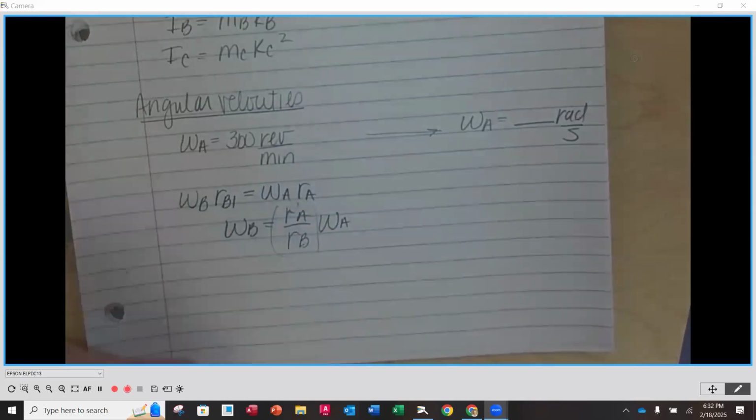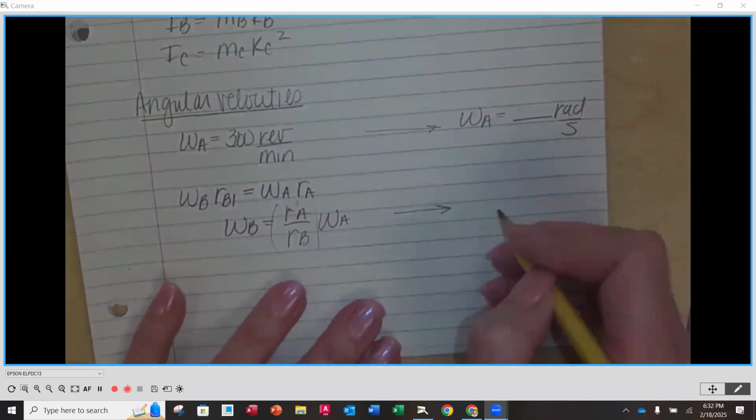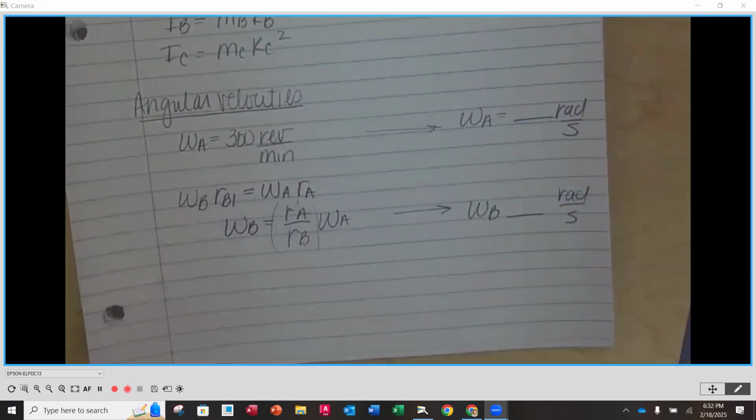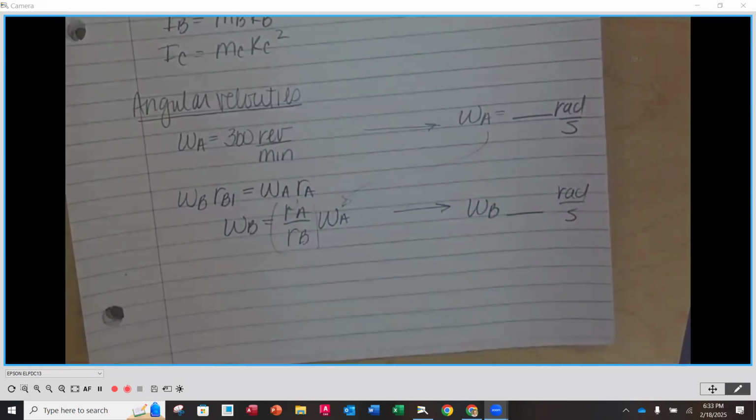This is that velocity ratio. Now you're going to solve for WB, and you're going to get a value in radians per second, because radians per second is the value that you put in there for A.